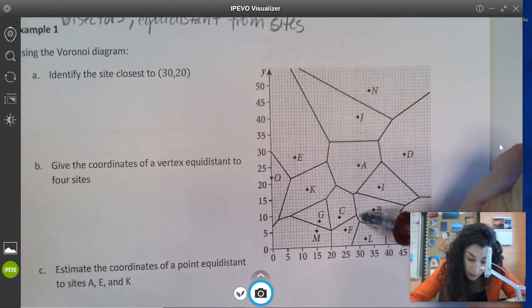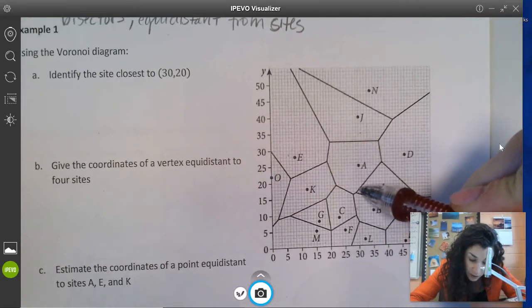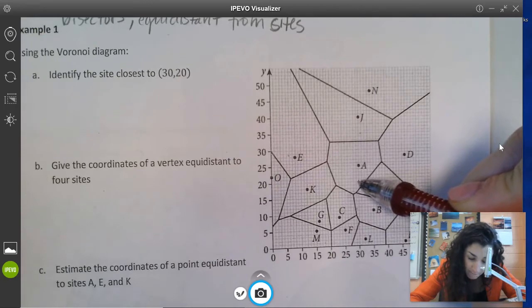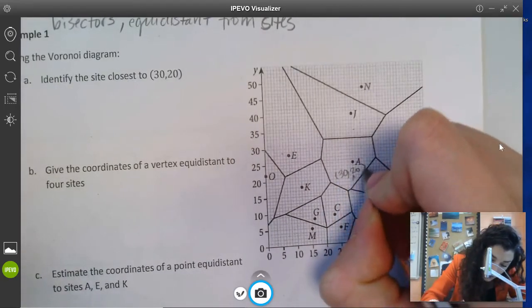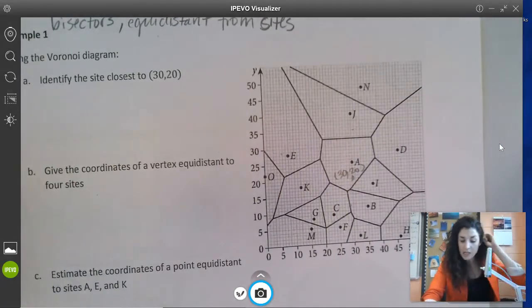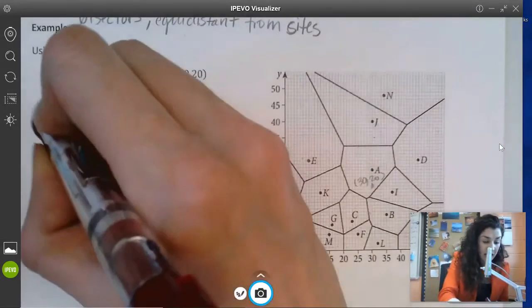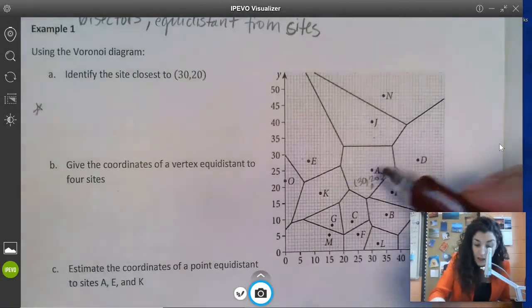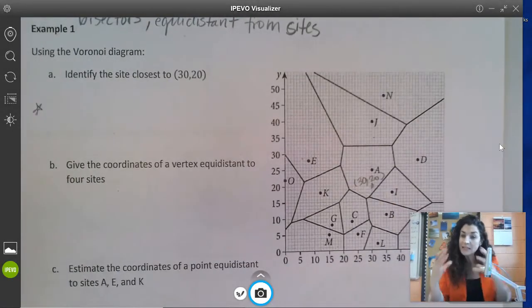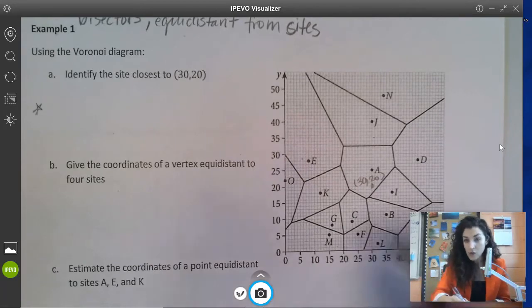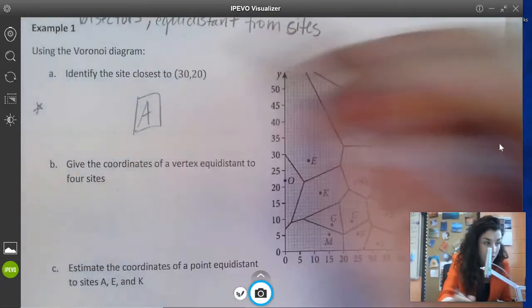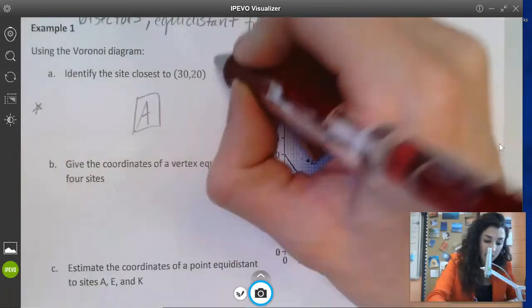And we go up to 20, which is, that's so hard to read here, I think. Yeah. That is the point 30, 20. Which site is closest to that coordinate? Since A is in the same cell as that coordinate, A is the closest site to that point. So A is your answer.